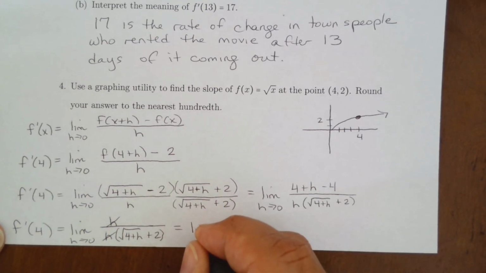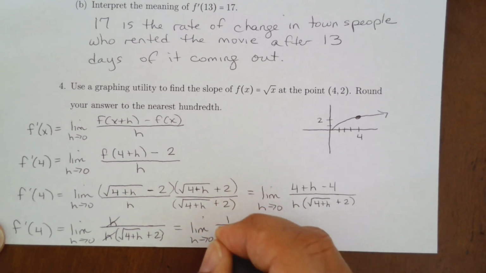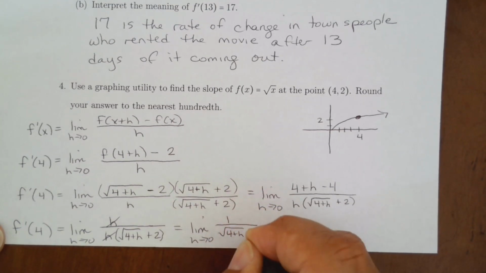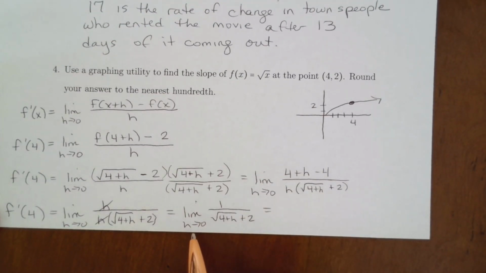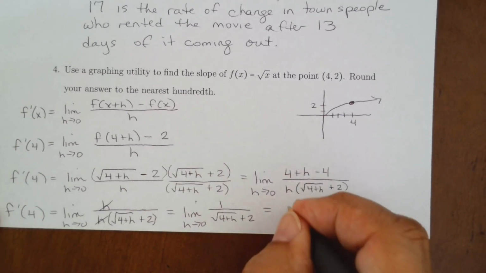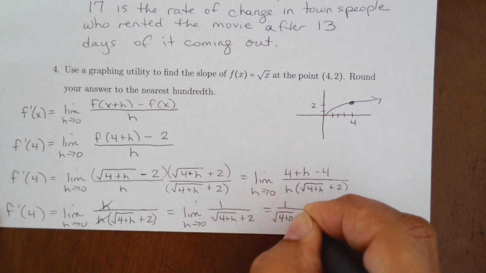So now we have the limit as h goes to 0 of 1 over the square root of 4 plus h plus 2. Now you can substitute in 0, because I'm not going to get 0 anymore. So if you plug 0 in now for h, you get 1 over the square root of 4 plus 0 plus 2.